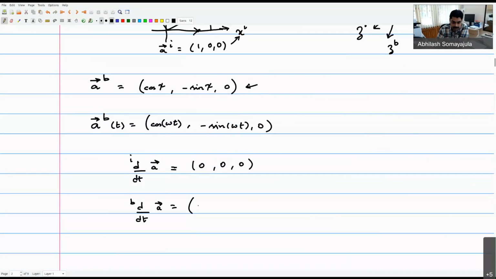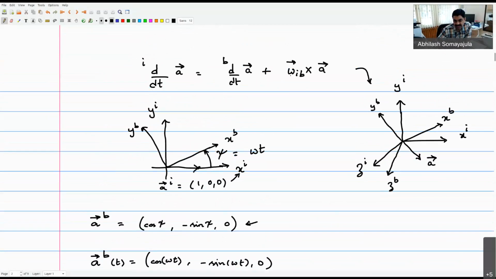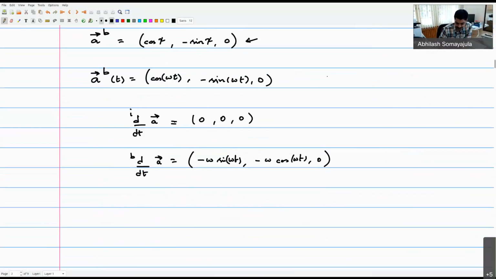Omega sin omega t, minus omega cos omega t, 0. Correct. This is what we get. Now let's try to understand what I get if I take the angular velocity of the body cross the vector A. All right. So now I want to find out what my angular velocity of the body is.